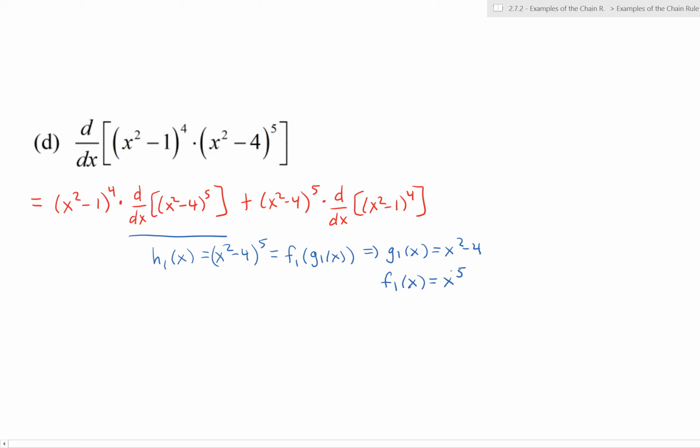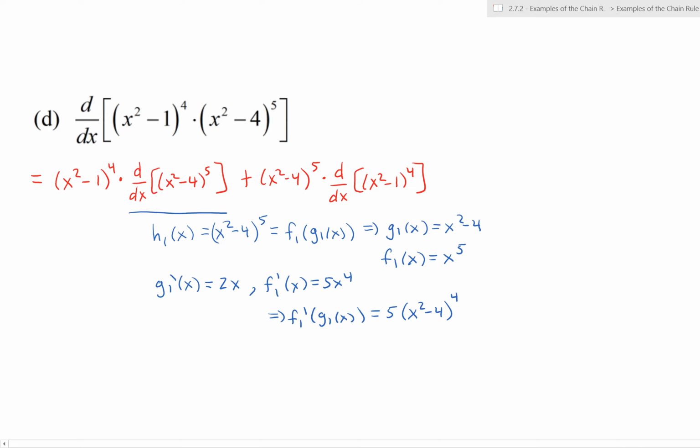And so we can find our derivatives here. g1 prime of x is just 2x, and f1 prime of x is 5x to the 4th, which tells us that f1 prime of g1 of x is just, take my derivative, 5x to the 4th, and replace x with g. So that's going to be 5 times x squared minus 4 quantity to the 4th power.